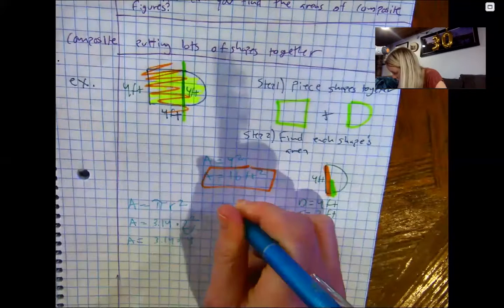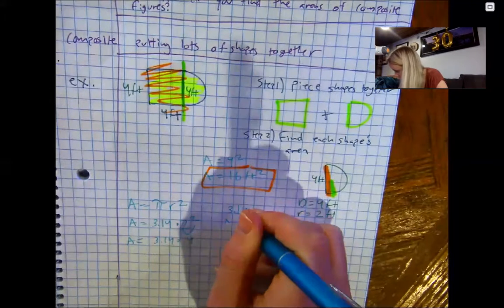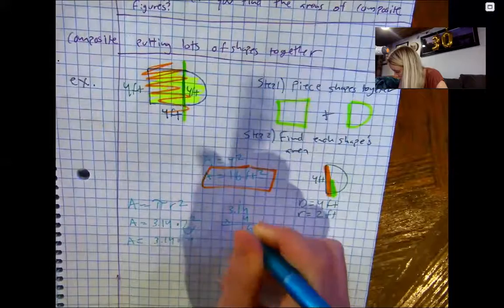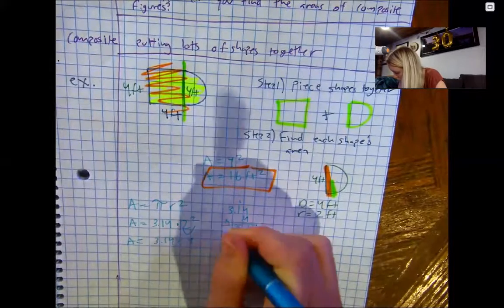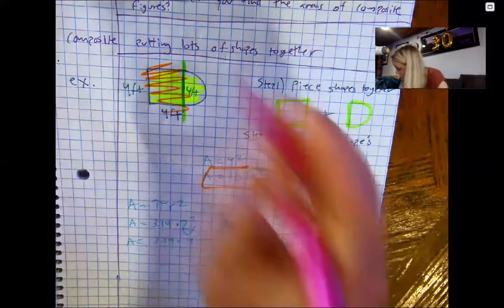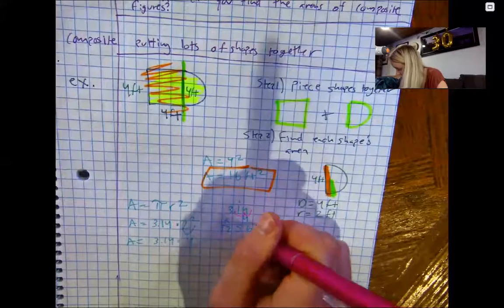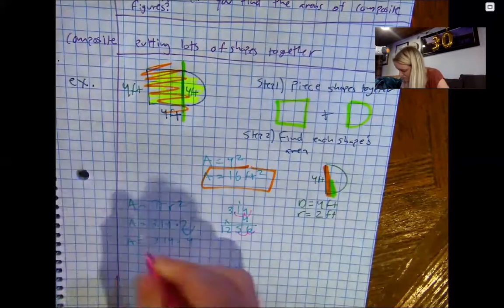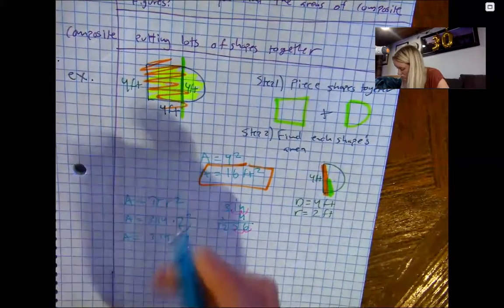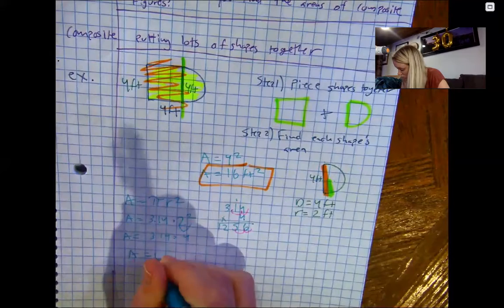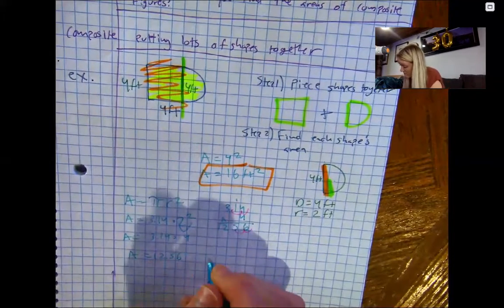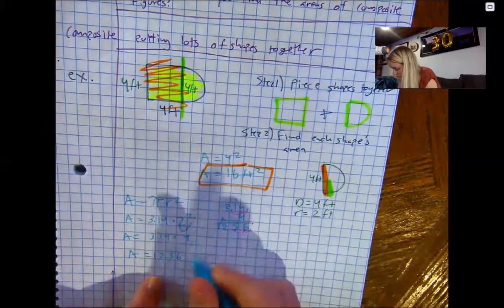The number with more digits goes on top. Line up the last digit. 4 times 4 is 16. 4 times 1 is 4 plus 1 is 5. 4 times 3 is 12. I need to move my decimal. 12.56. So the area of the circle was 12.56. And then it would be feet, well, this is, yep, feet squared because it's two-dimensional.